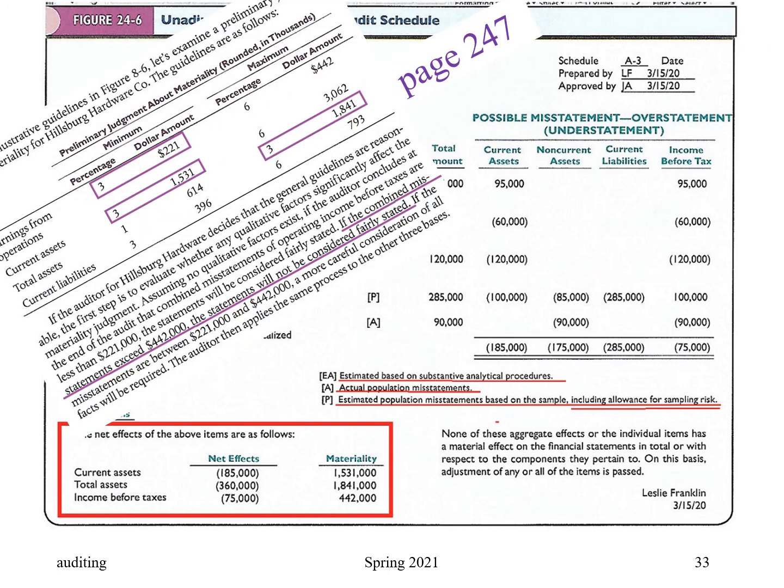If we go back to page 247, the book is really consistent with bringing this example from Hillsburg Hardware all the way through the course. So these levels of materiality were determined early in the quarter back on page 247.